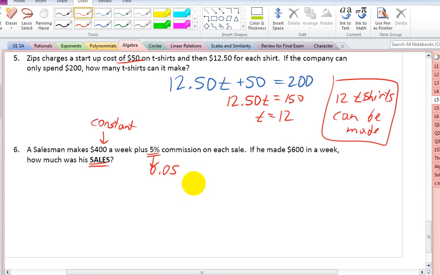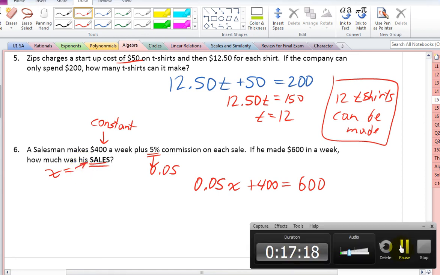Total 600. So keep in the same format. 0.05 times, let's use X, plus $400 will equal the total amount you make in a week. Okay. So go ahead, X equals sales, and find out how much sales he'll make.